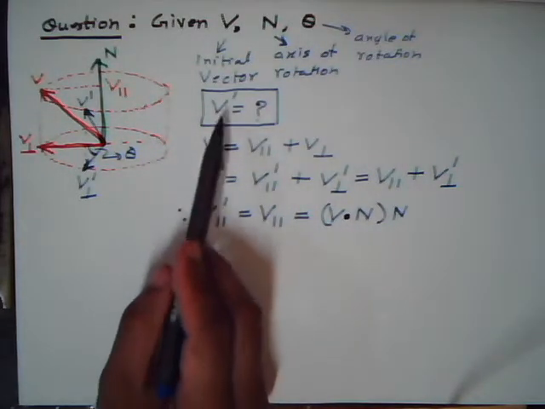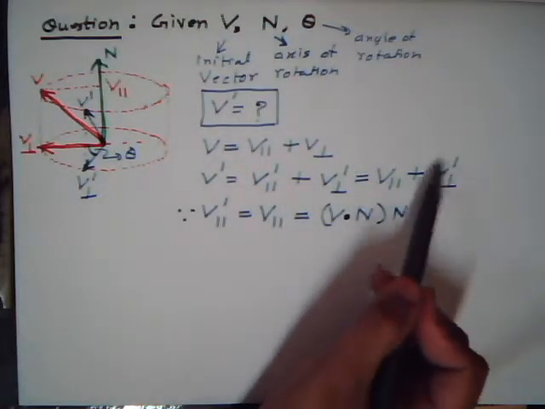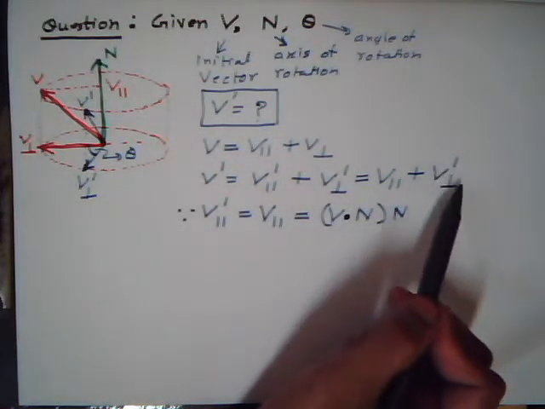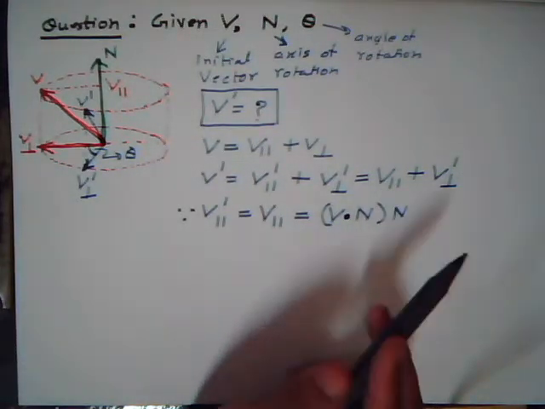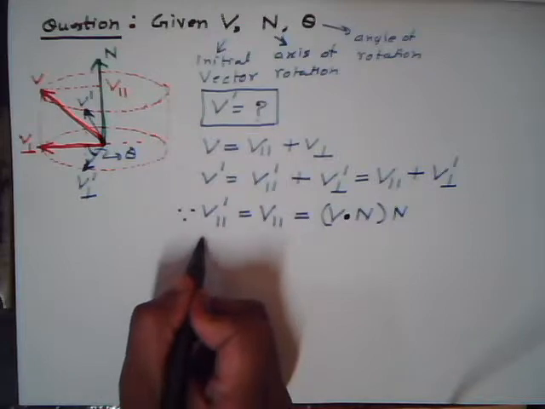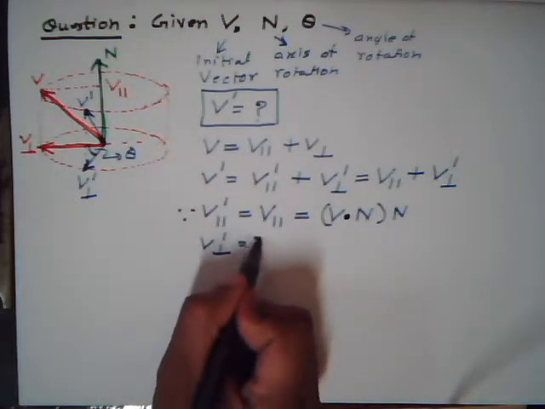Therefore, to get v prime, we only need to find v prime perpendicular, because the other component is already known. So the question is, what is v prime perpendicular?